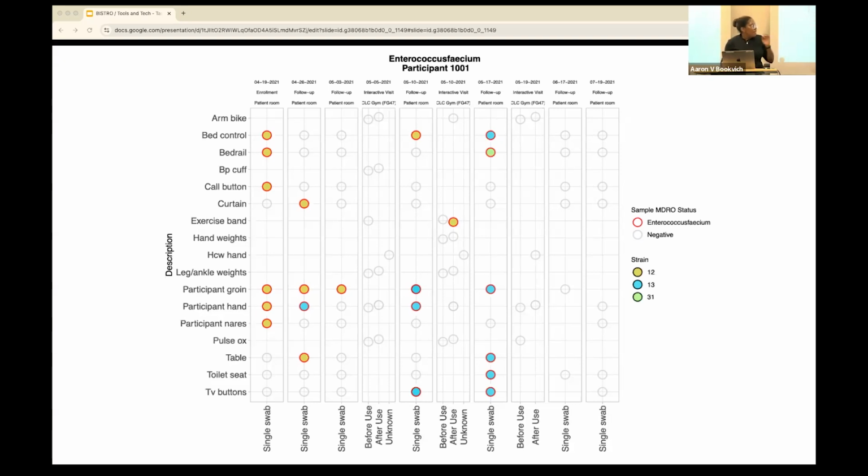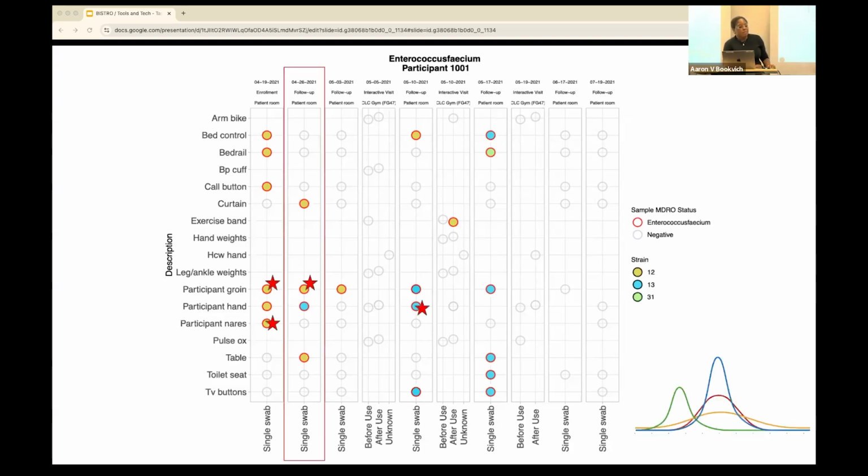And so what if we didn't have to take 15 isolate samples? What if we took fewer population samples? For this one, I wasn't able to pick all the population samples that I wanted, but 4 population samples were chosen, the groin and the nares from this initial day. What I first showed you, a bit condensed, was just this time point on a specific day in their patient room as a follow-up. That was really looking at how one population sample can reveal the strains at one time point.